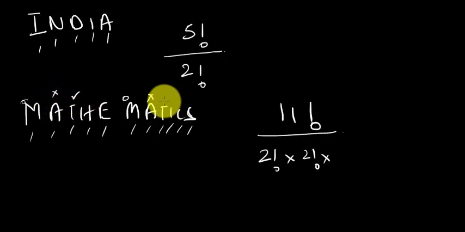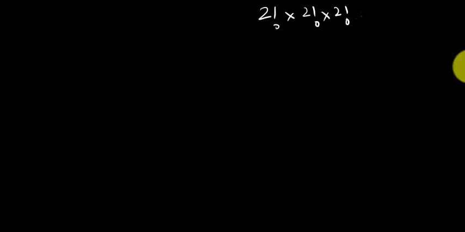Yes, T is repeating twice. Into 2 factorial. Into, is H repeating? No. E repeating? No. I repeating? No. C and S? No, not repeating. So that's the end of it. And that is my permutation, the number of possible options. Well, you can use a calculator to find the value here. I'm just trying to explain the concept behind it.